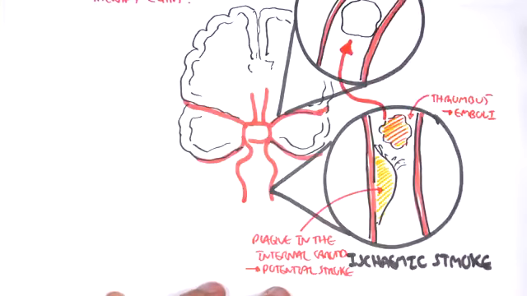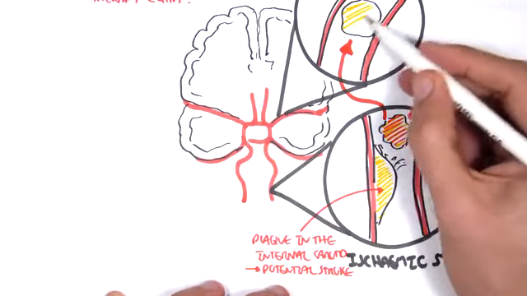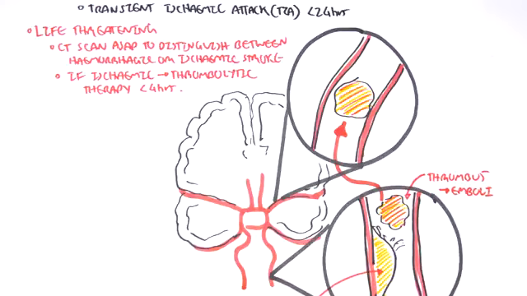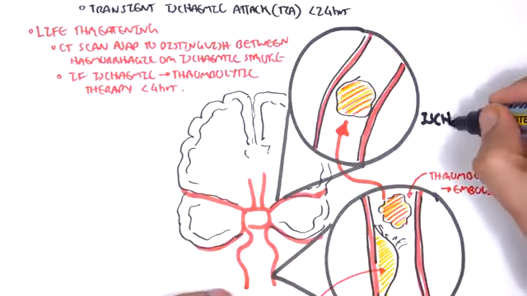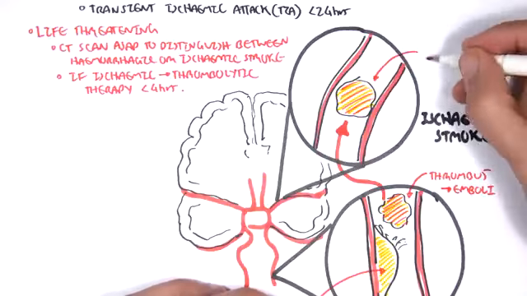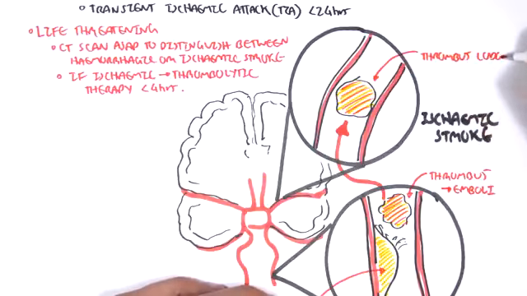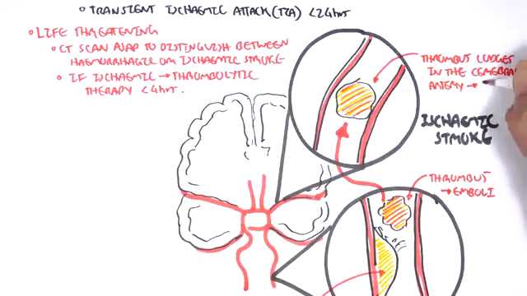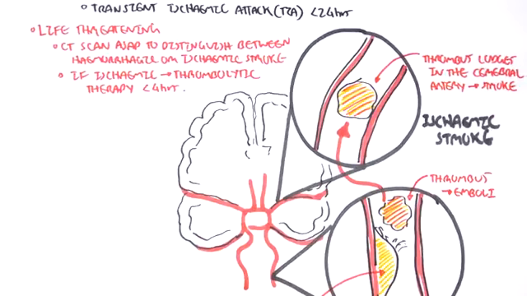And remember, this is the internal carotid. So the internal carotid will travel up to the brain, to the circle of Willis, and actually go to the middle cerebral artery because the internal carotid essentially forms the middle cerebral artery. So here we have the emboli. And the emboli, the thrombus, lodges in the cerebral artery, resulting in an ischemic stroke.